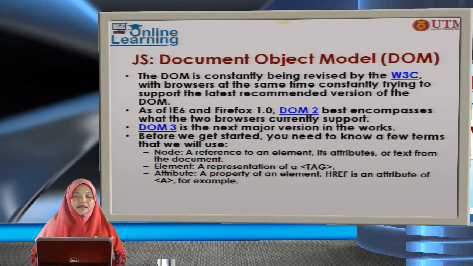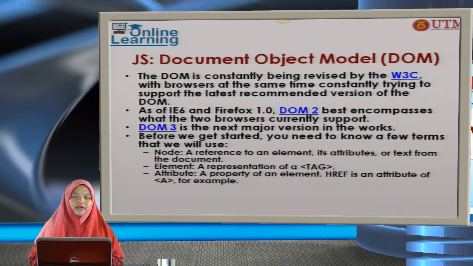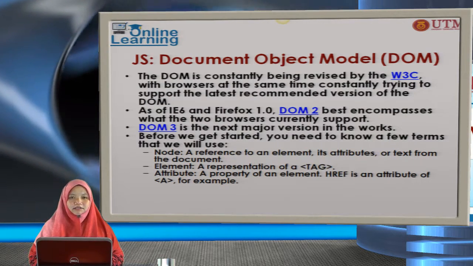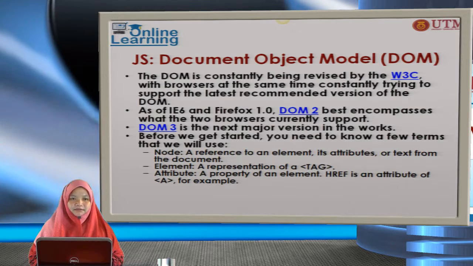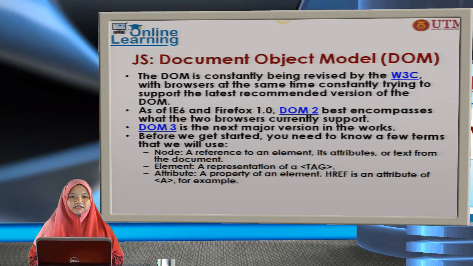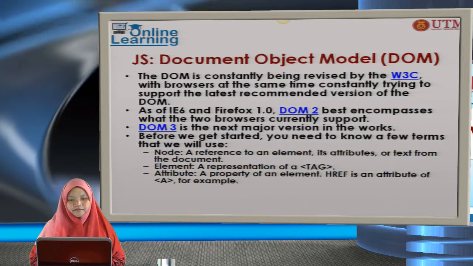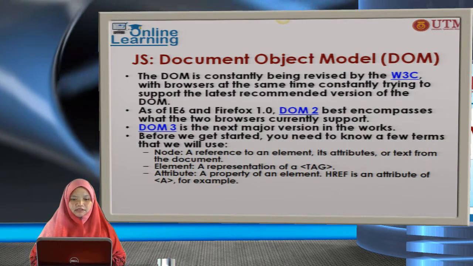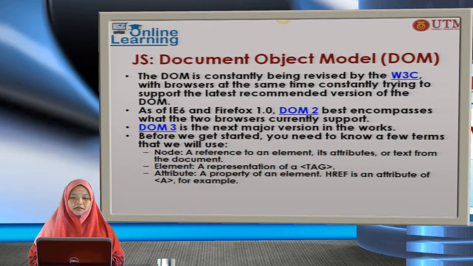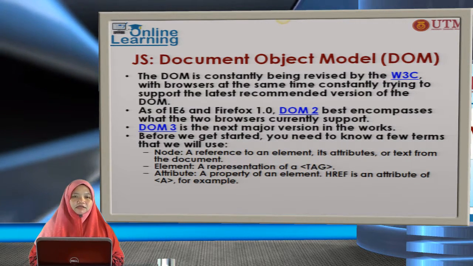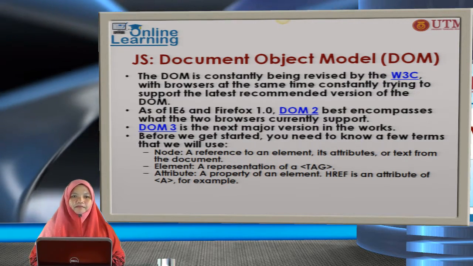Another thing that you have to know before you can use DOM is the terms. You have to know certain terms that are involved in DOM, including nodes, as a reference to an element, attributes, or text of the document.